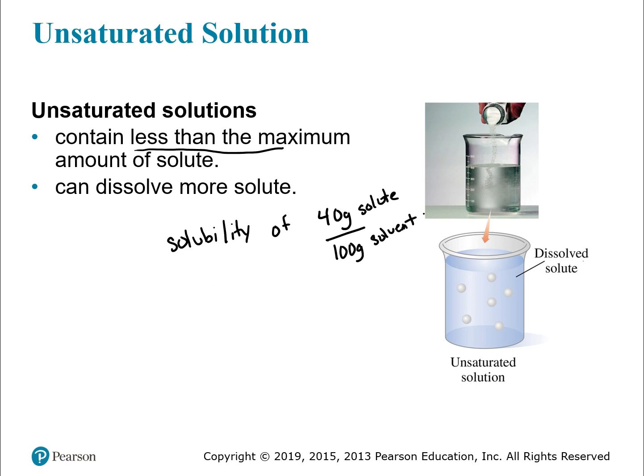If I've only got 20 grams of solute in 100 grams of solvent, then that means I'm unsaturated. I can add another 20 grams before I hit the solubility of this solute.